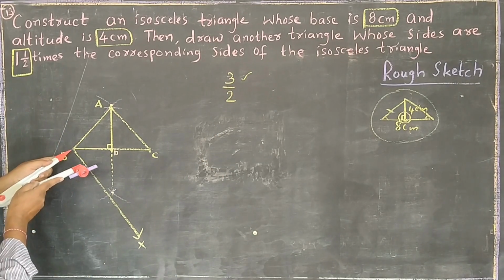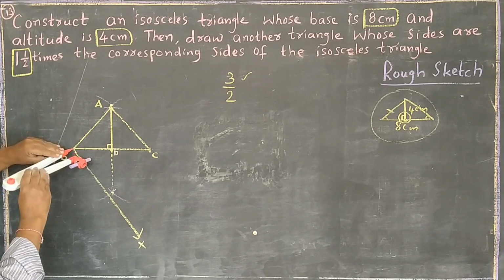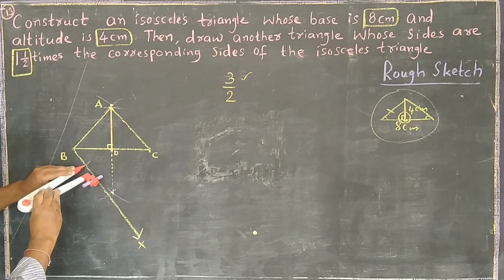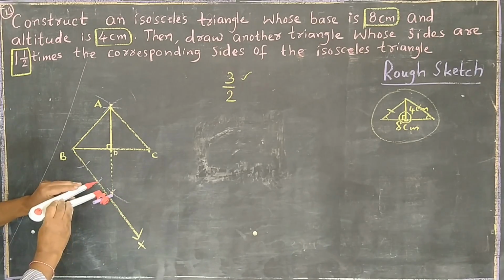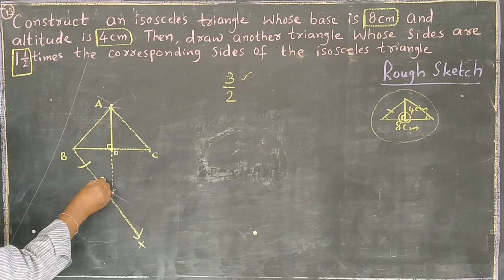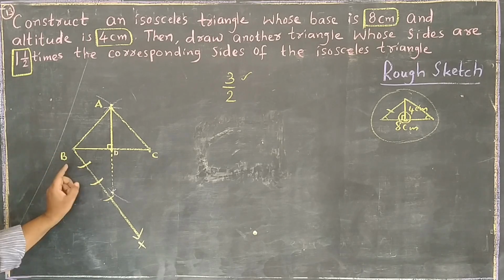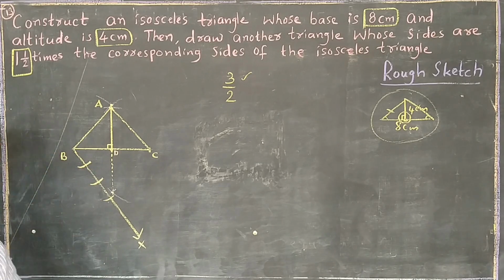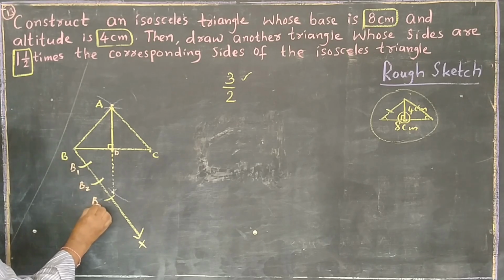Mark 3 points on BX at equal intervals: 1, 2, and 3. These three are at equal intervals, and I am naming them B1, B2, and B3.